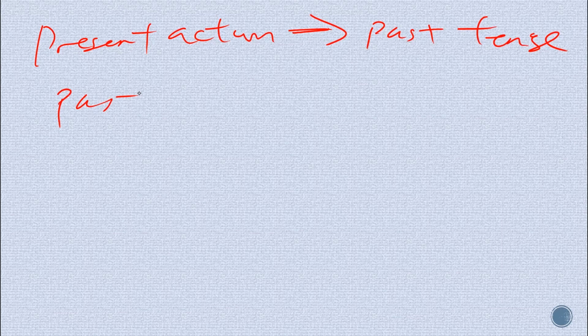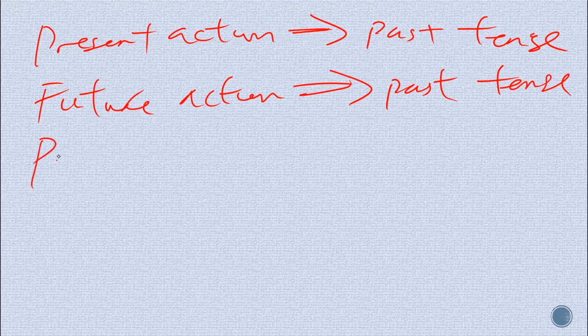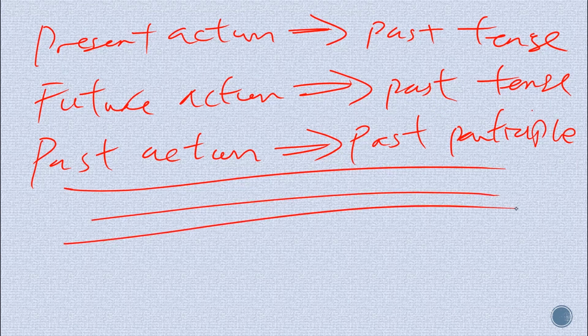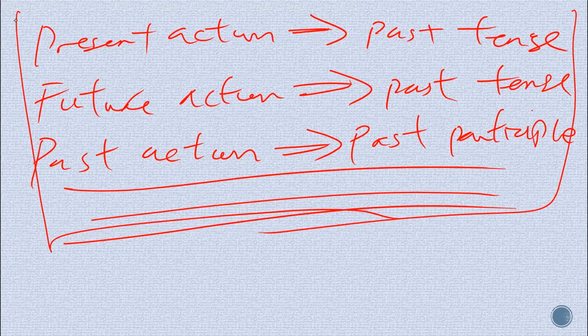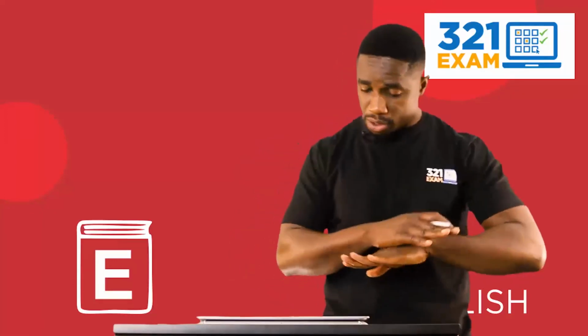Future action goes with past tense, and past action goes with past participle. So this is a summary of the rule. This rule summarizes everything we are to look at under the subjunctive.